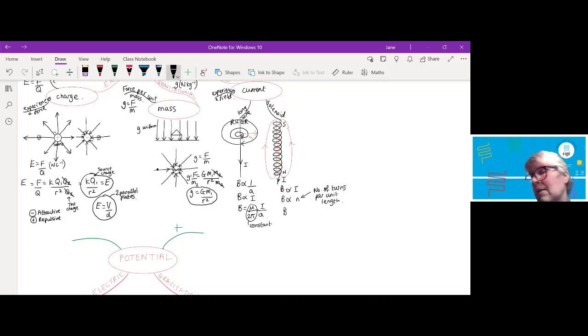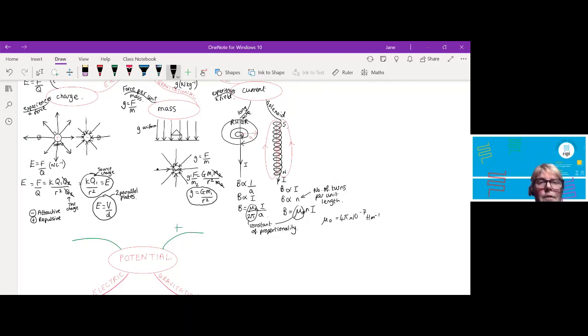So B, the magnetic field, is equal to mu naught n I. Again, mu naught here is my constant of proportionality. In your data booklets, mu naught is given by 4 pi times 10 to the minus 7 henry per meter, and it's the permittivity of free space.